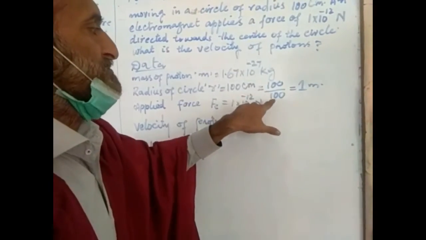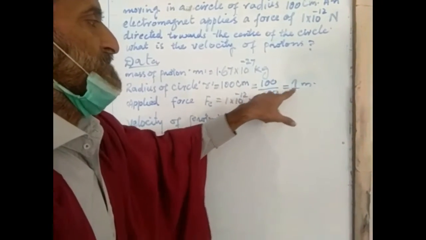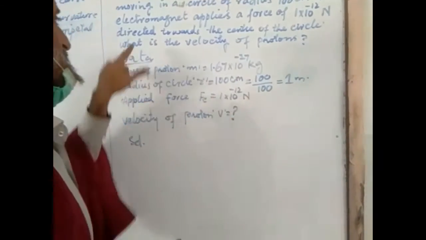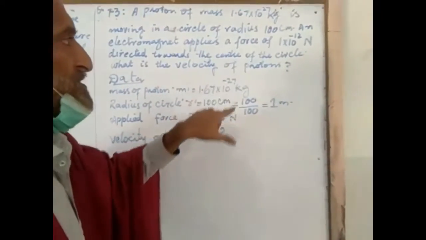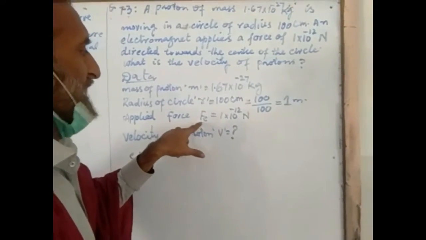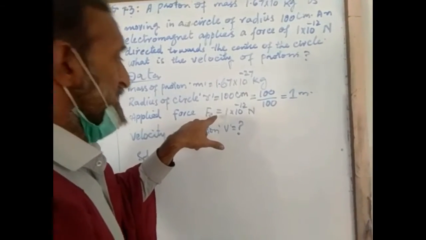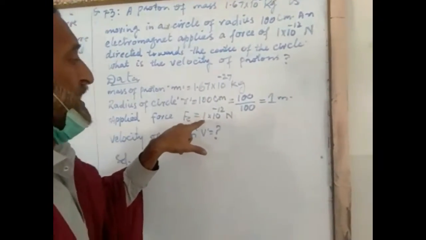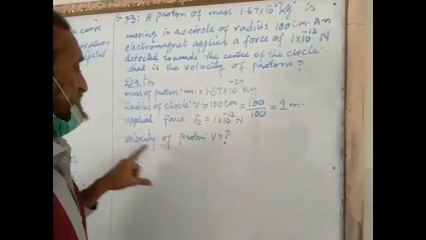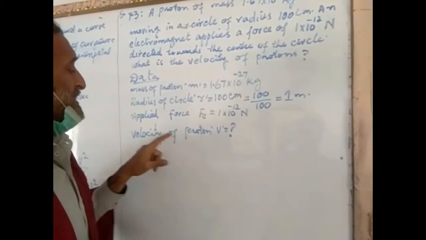So it will be divided by 100. 100 divided by 100 is equal to 1 meter. An electromagnet applies a force of 1 into 10 power minus 12 Newton. Force Fc, centripetal force, which tends to move the proton in circular path, is equal to 1 into 10 power minus 12 Newton.